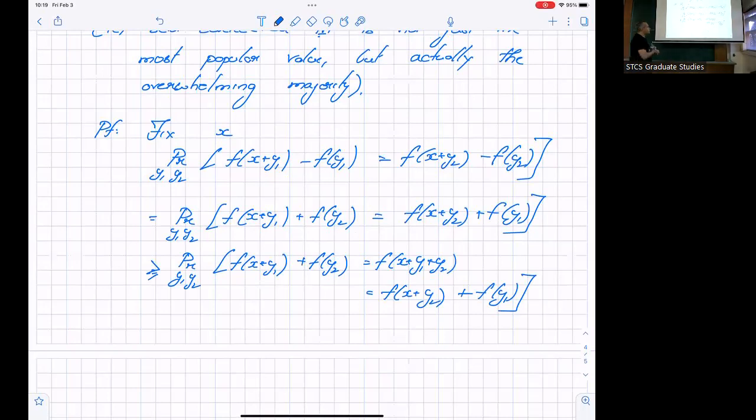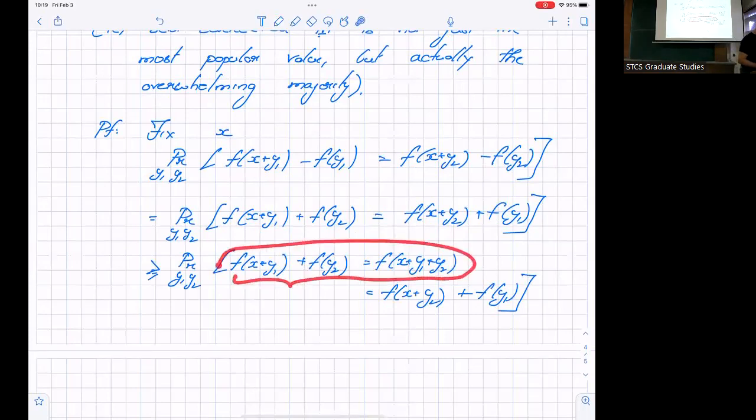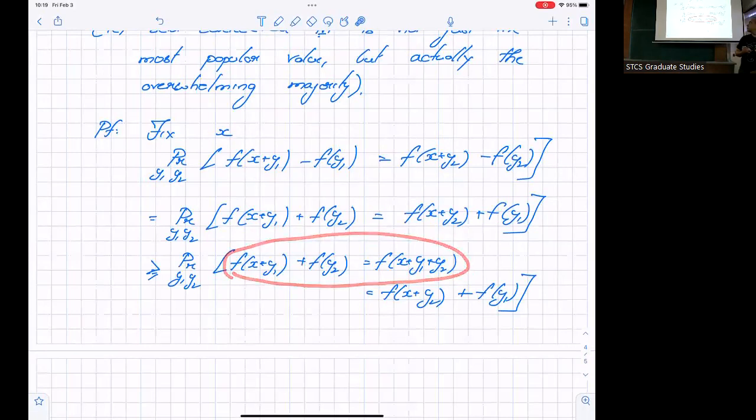But the thing to notice out here is this event: x is a fixed guy, but because y1, y2 are random, the one in red which I circled just now is an exact copy of the test. Because x plus y1 is a random point, y2 is a random point, so you're picking up two random locations. Even though x is fixed, x plus y1 is now a completely random location.